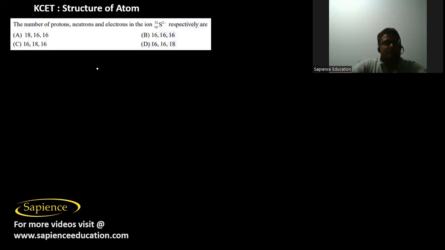Then here it is told the number of protons, neutrons, and electrons in the ion S2 minus 1632 is. Here it is sulfur.